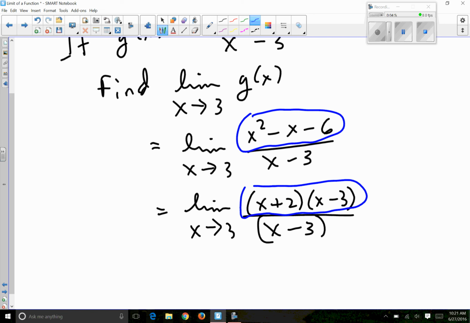So this equals the limit as x approaches 3 of x plus 2, which is equal to 5, because this last line here is actually example 1.